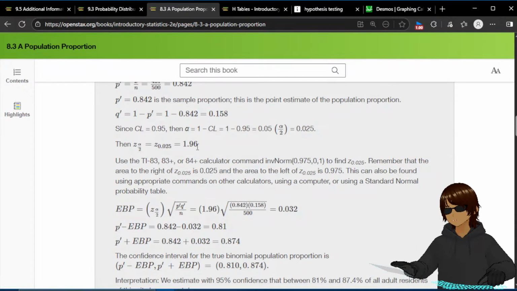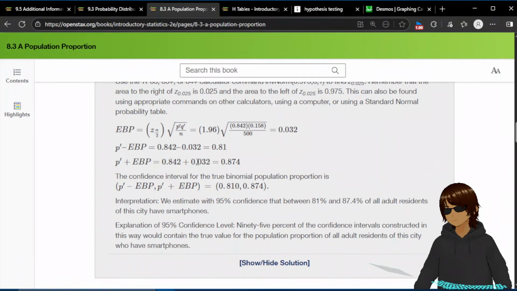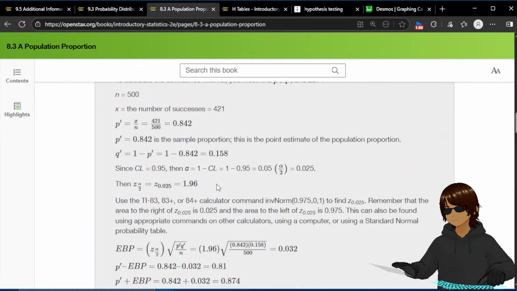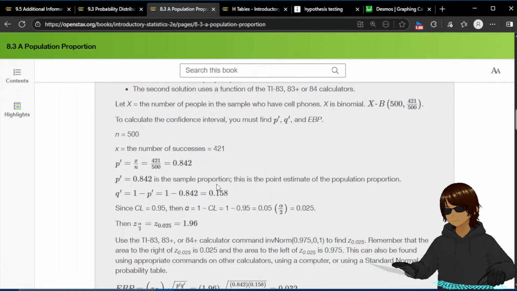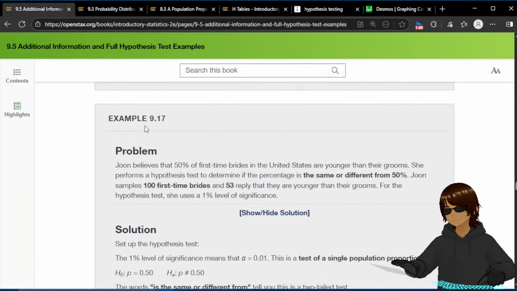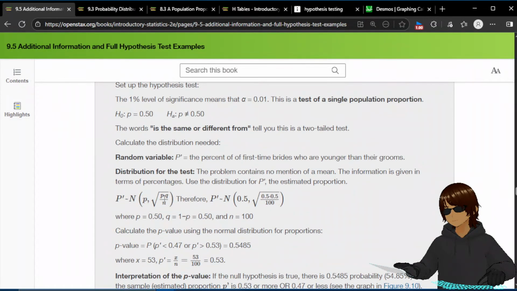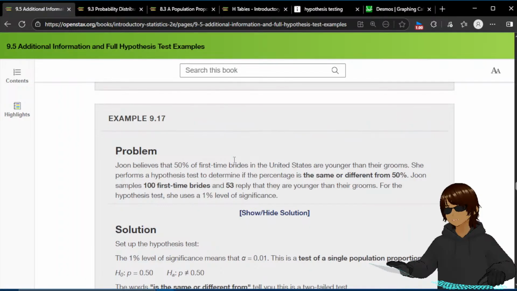The z-score is 1.96. The problem contains no mention of a mean.